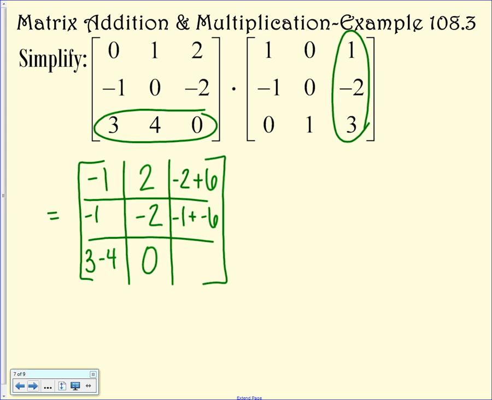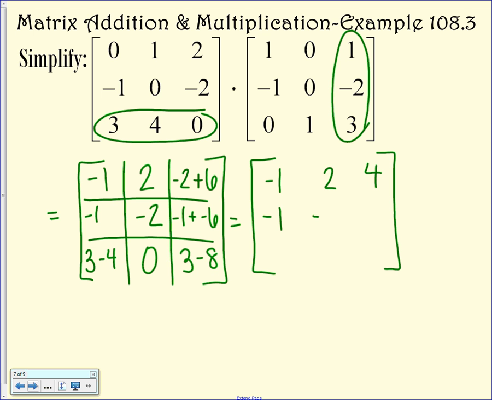I'm going to have 3, negative 8, and then 0. And so now all I need to do is to add or subtract my numbers for each element. And so that would be your answer.